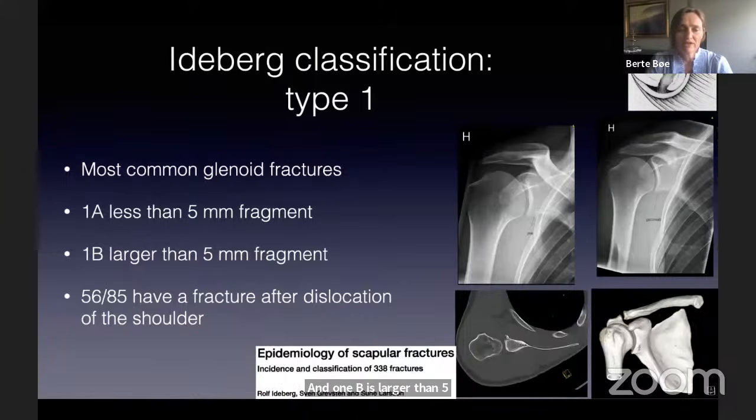However, what helps us decide whether to do surgery or not, and how much this affects the patients, is not necessarily only the size of the fragment. It's also shown that more than half of the patients having a shoulder dislocation actually have a bony fragment in the injury. It can be very small or it can be a large one.